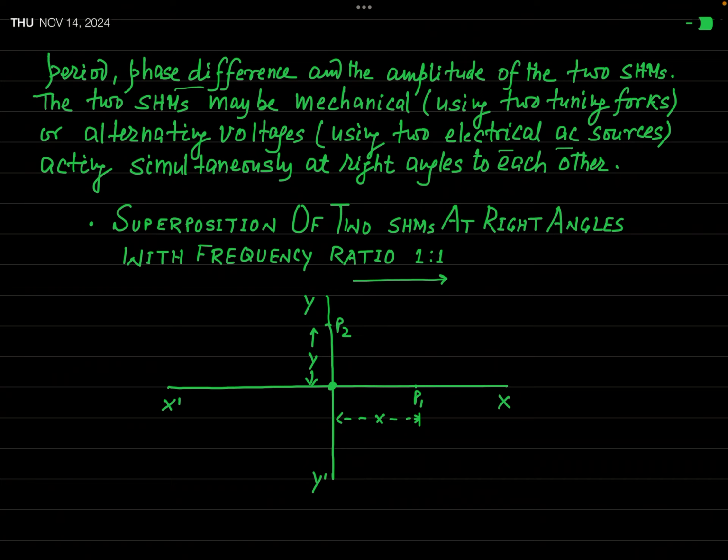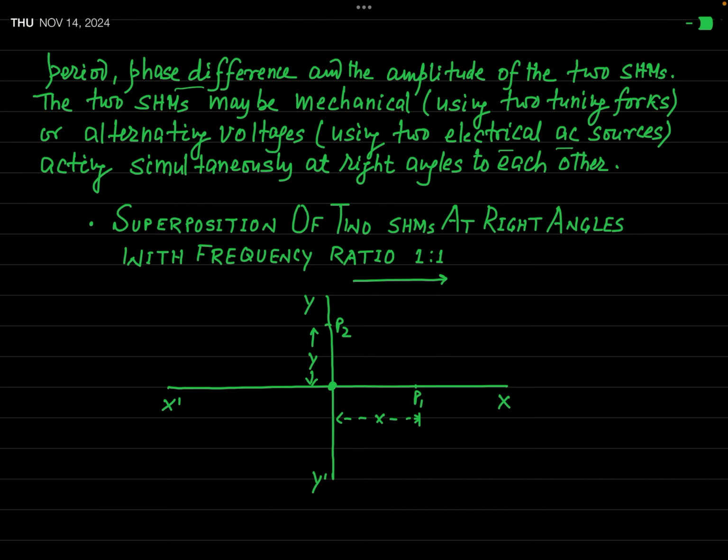When the two SHMs, either mechanical or alternating voltages, act simultaneously at right angles to each other, the resulting motion is known as Lissajous figures.